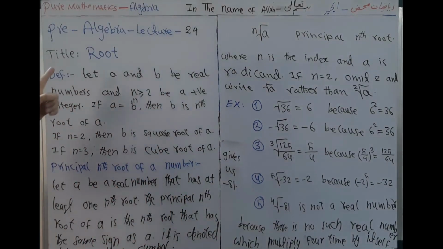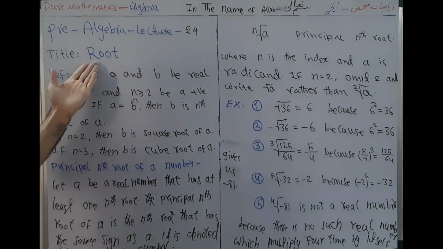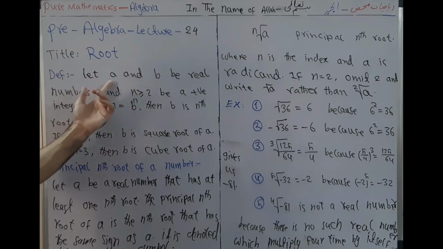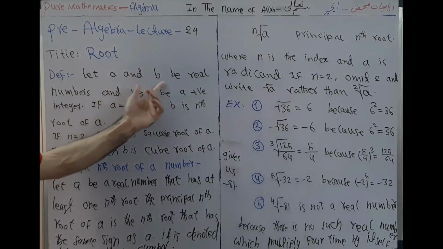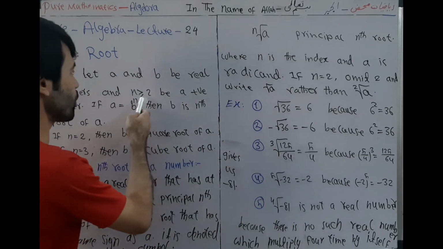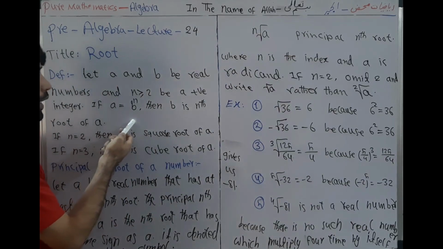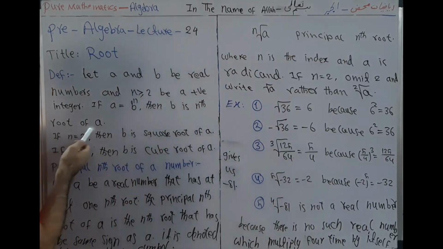Here again we want to explain. Here the title is root. Let a and b be real numbers and n greater than or equal to 2 be a positive integer. If a is equal to b to the power n, then b is the nth root of a.